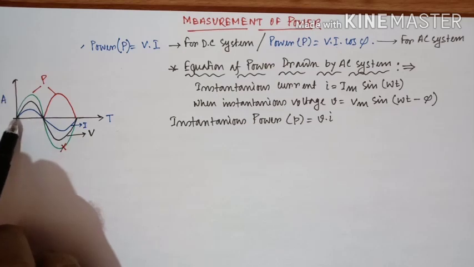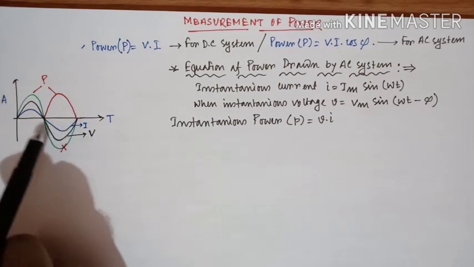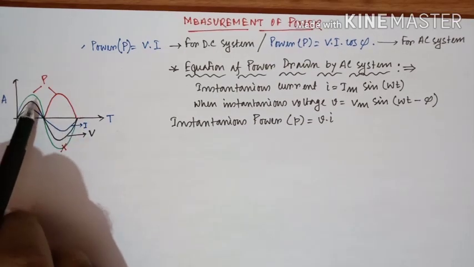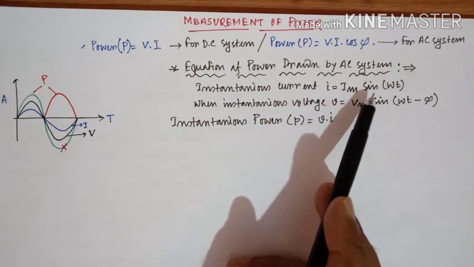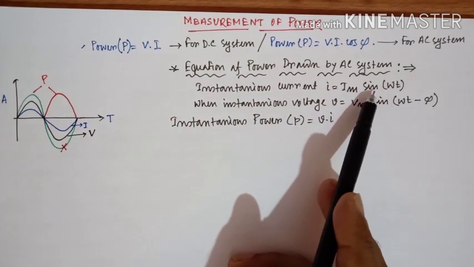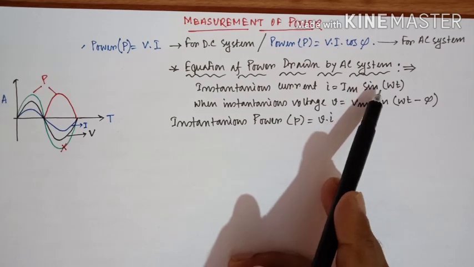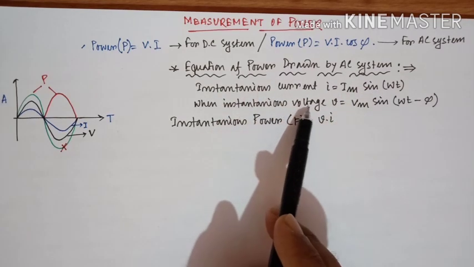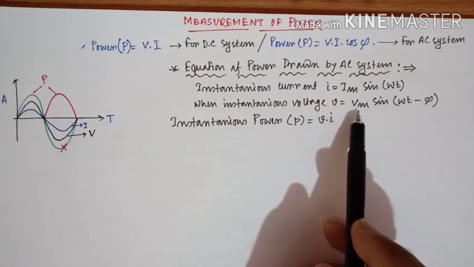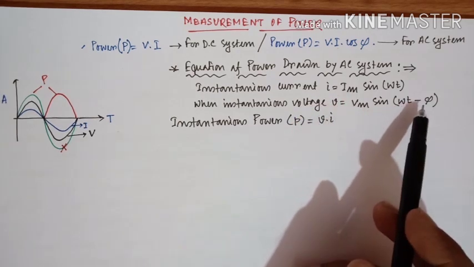So we can find that as the signal changes its amplitude, the instantaneous values of current and voltage as well as the power change. That is why I have taken the instantaneous current i is equal to Im sin omega t, that flows through a system only when the instantaneous voltage applied across it, that is small v, is equal to Vm sin(omega t minus phi).